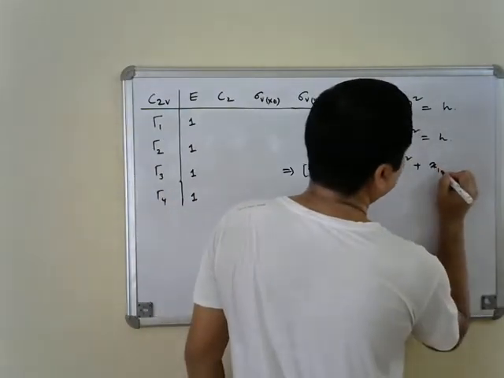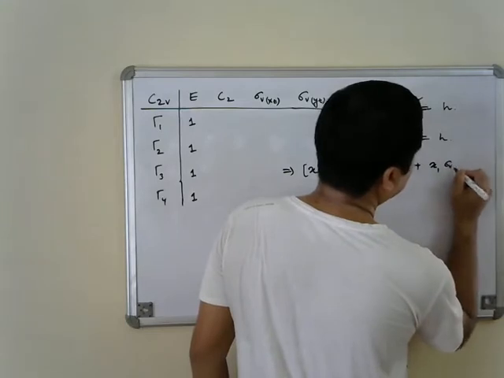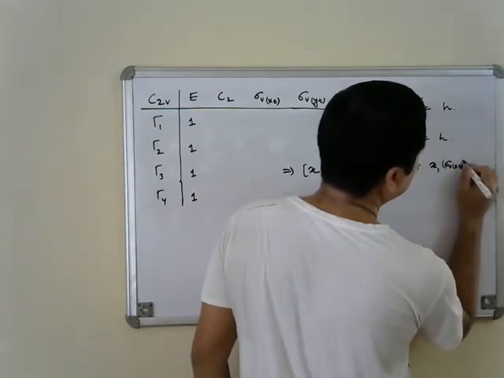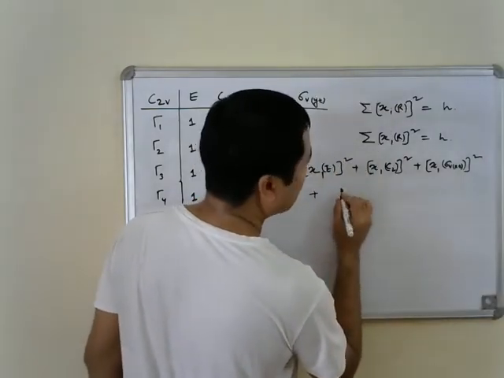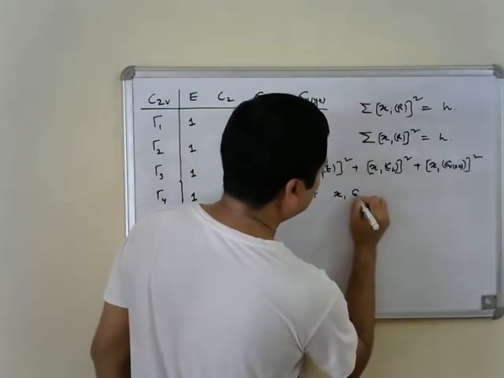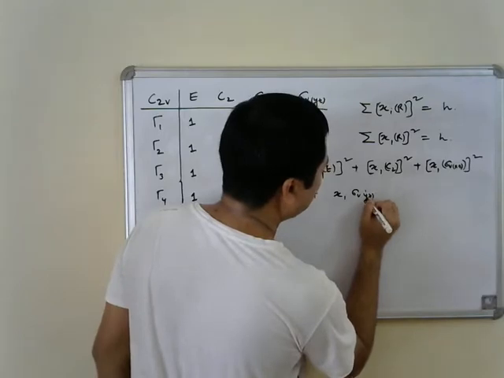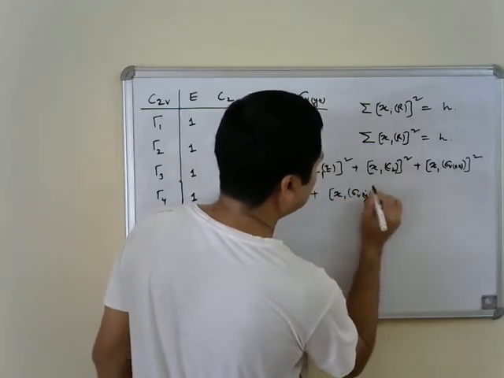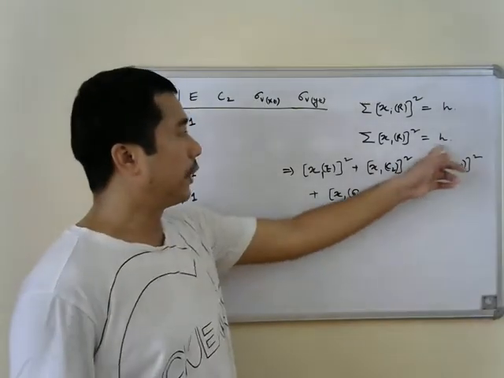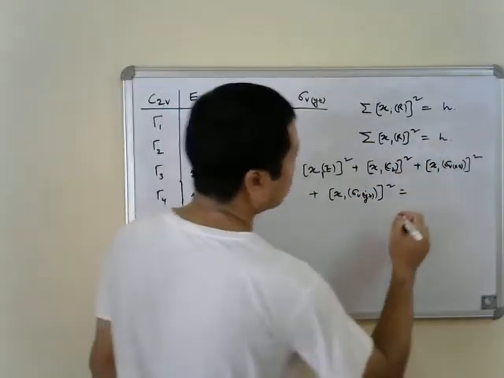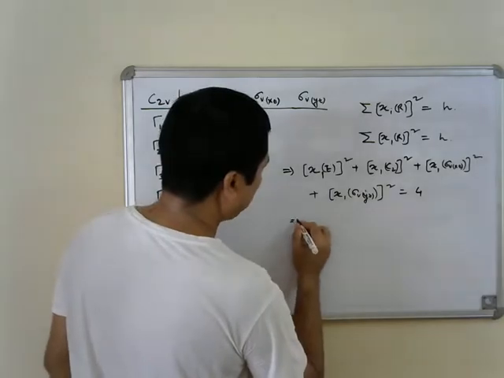Then we do chi 1 sigma v xz as well as chi 1 sigma v yz, and again do square, and then we get the answer equal to h. Again, h is equal to 4 here, we know that, and this is what we will get.